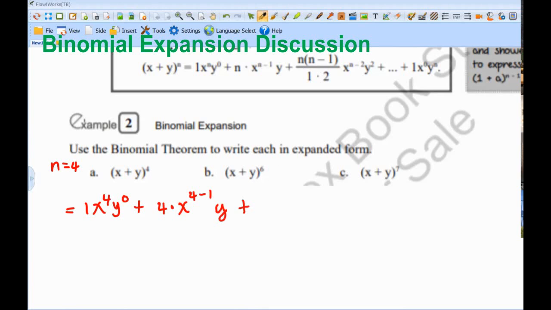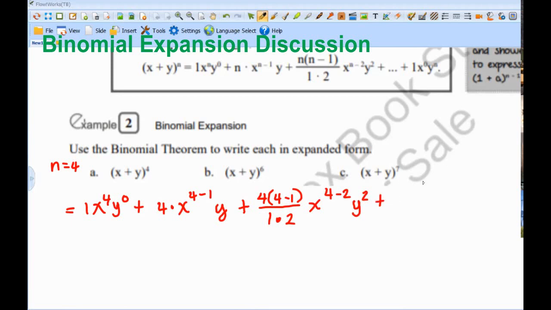This is our formula we are following, okay? N is 4 times 4 minus 1 all over 1 times 2. Next, x raised to 4 minus 2, and then y squared.